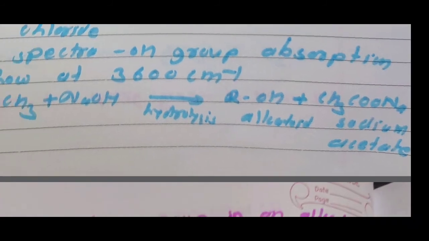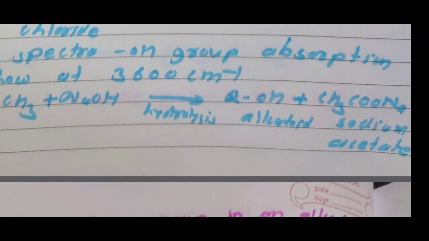Then alternatively we can also determine by active hydrogen method, that is alkaloid reacts with methyl magnesium iodide Grignard's reagent, formation of ROMgI plus CH4 methane. Then 1 molecule of OH group is equal to 1 molecule of methane. From the quantity of methane evolved, the number of OH groups is calculated.